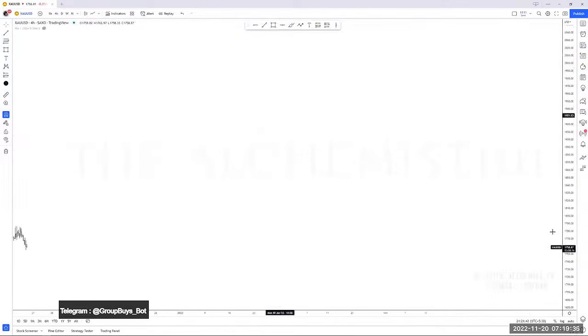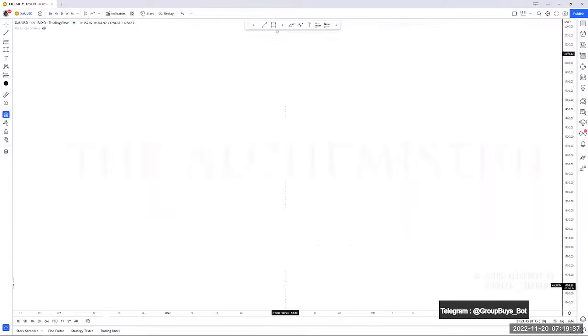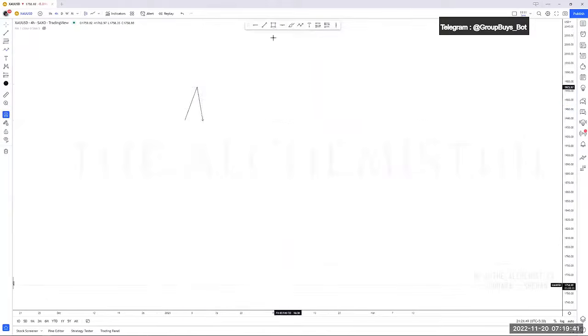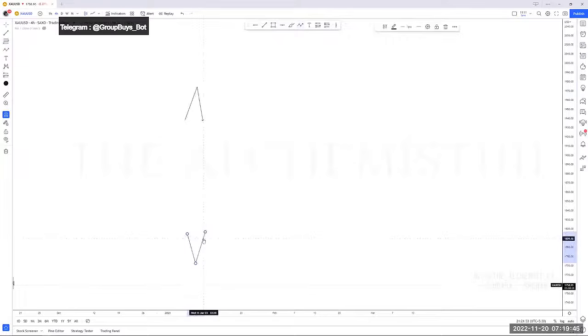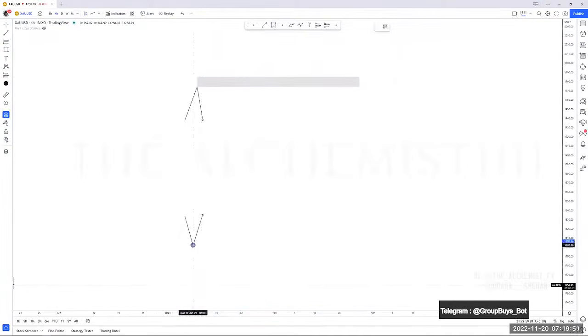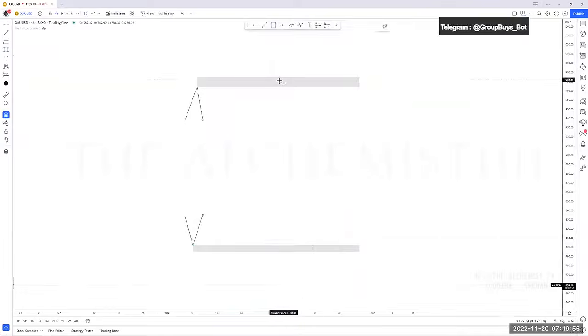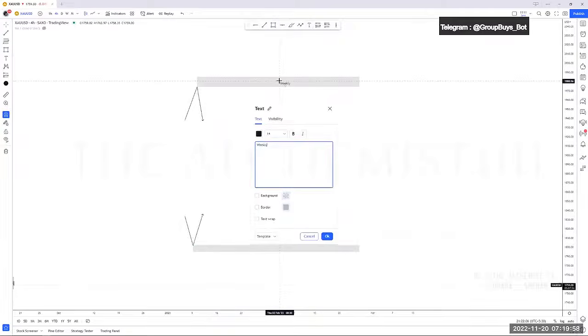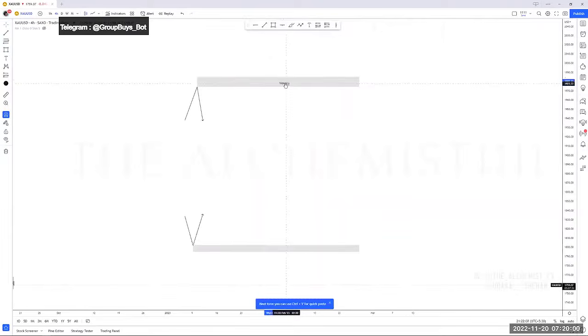Now, let me just draw it out to you properly. Let's say we had something like this, resistance and a support on the daily. Let's say this was actually the weekly.